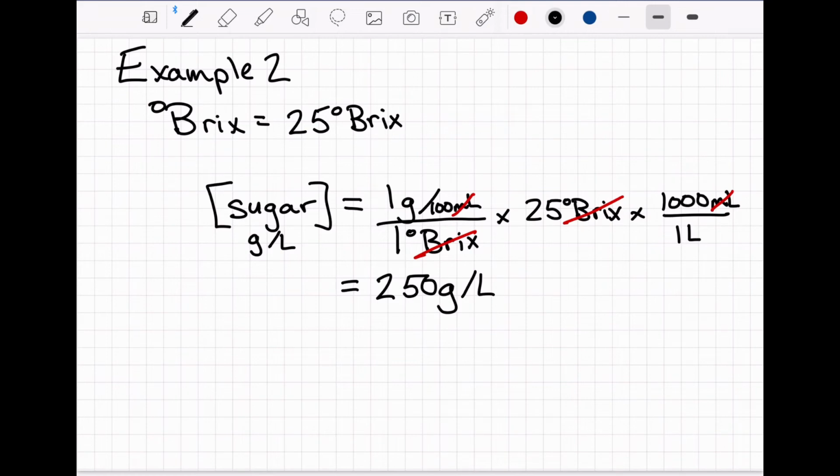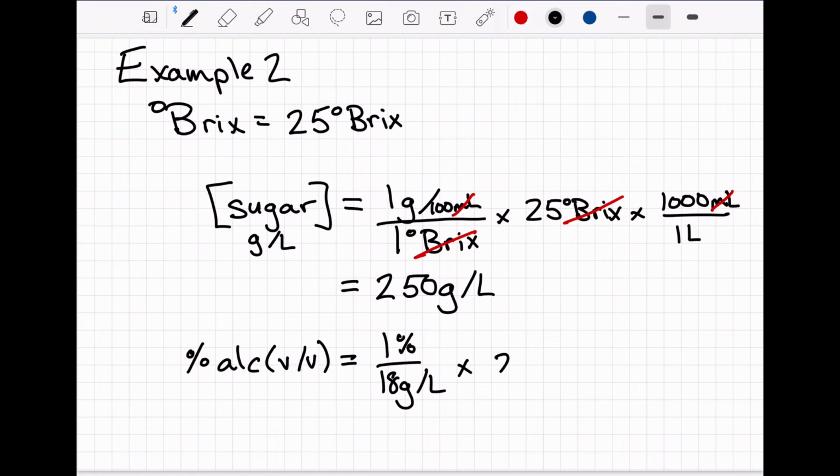So percent alcohol, volume by volume. We know that 1% alcohol is made when you have 18 grams per liter of sugar. We're going to multiply this by our 250 grams per liter, clean up our units, and we will get 14.7%.